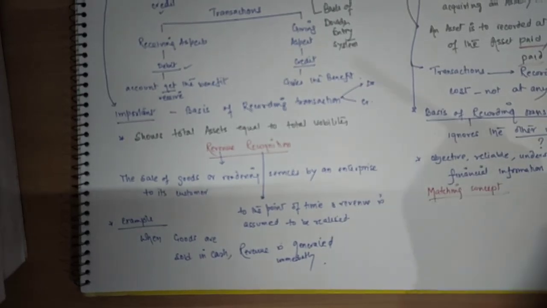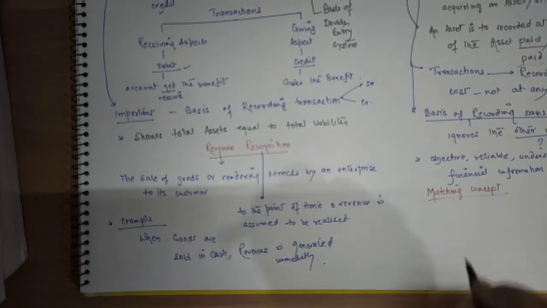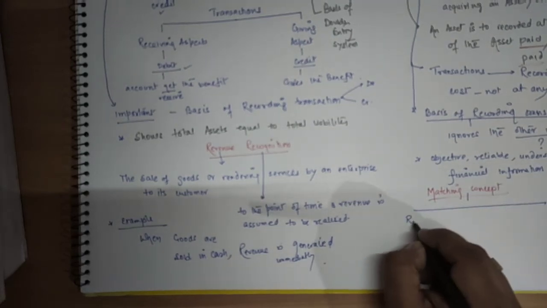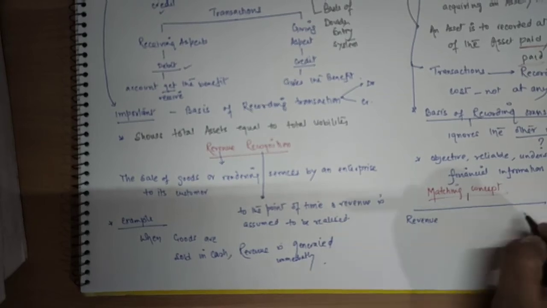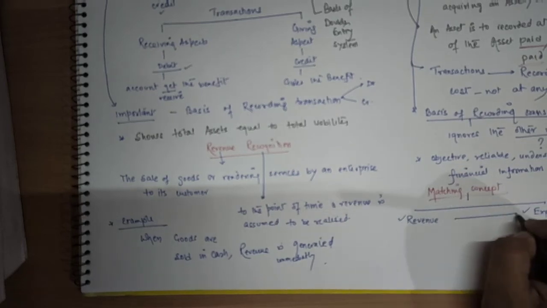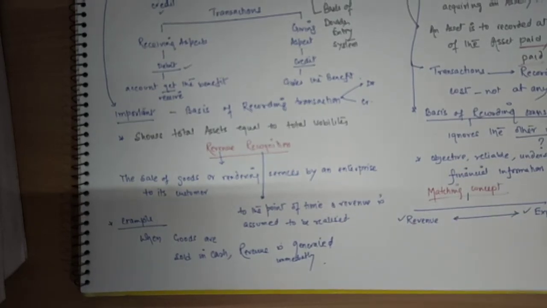Another important concept is the matching concept. The name at least can give you an idea. Matching means matching two items, that is, matching revenue with expenditure. This concept says that revenue should be matched with expenditure.